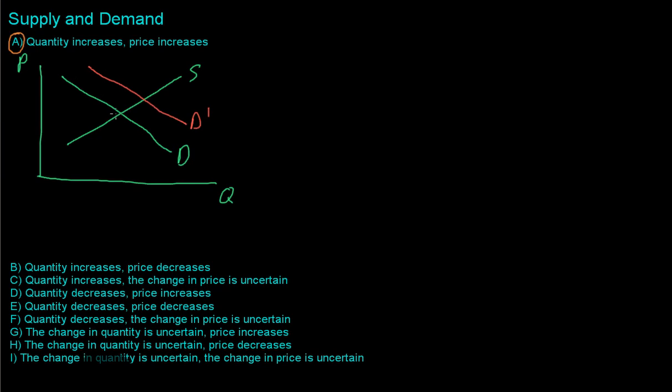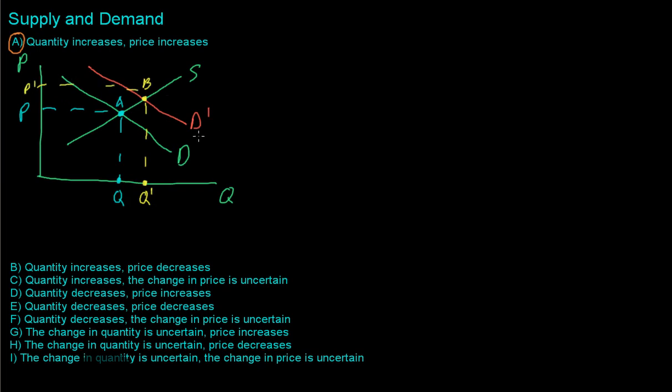So then the equilibrium goes from point A here in blue to point B in yellow. And what we see is that quantity, so we'll call this Q1, has increased from Q, and also price has increased from P to P1, P prime.